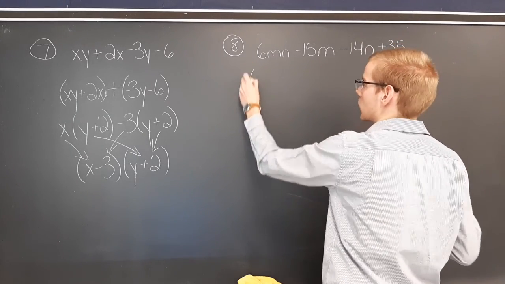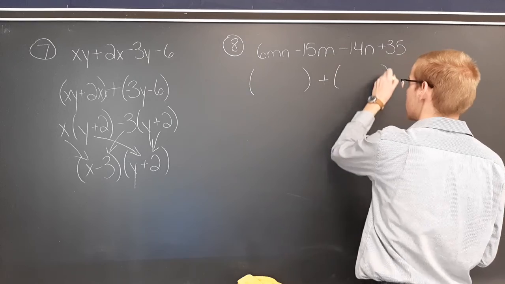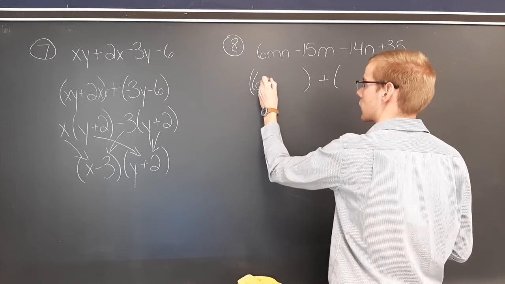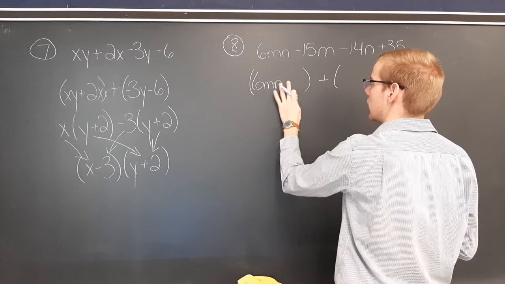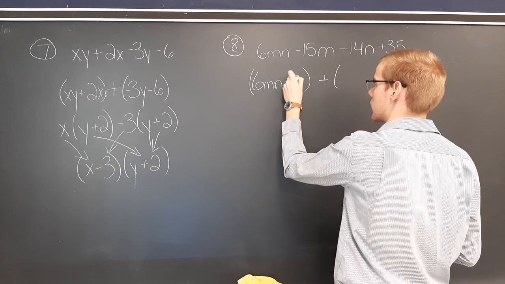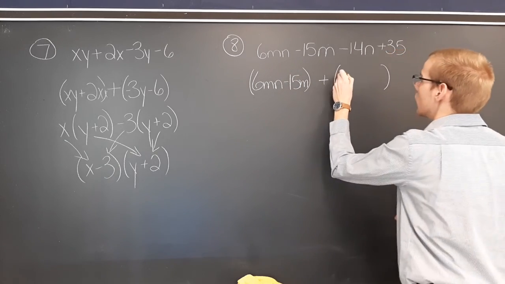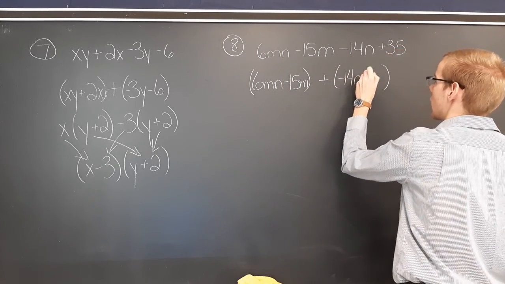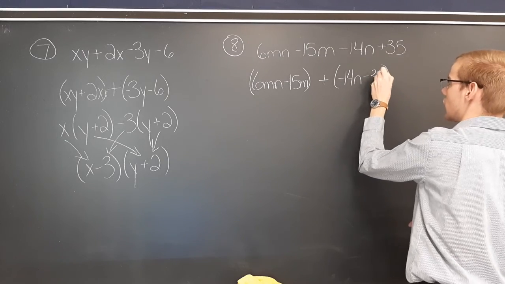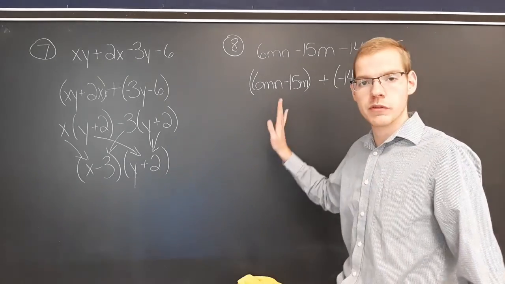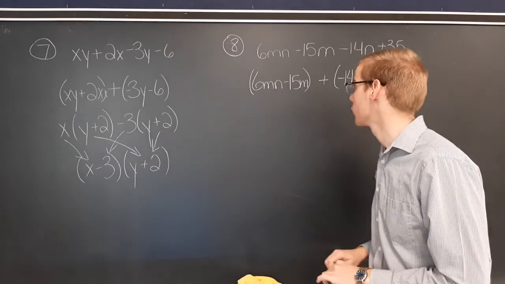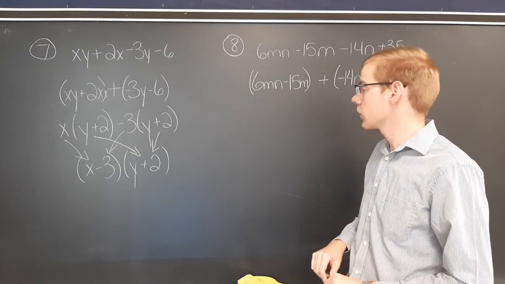So let's put them into 2 sets of parentheses with an addition sign in between: 6mn minus, not plus, minus 15m, and then negative 14n minus 35. What's the greatest common factor between 6mn and negative 15m?